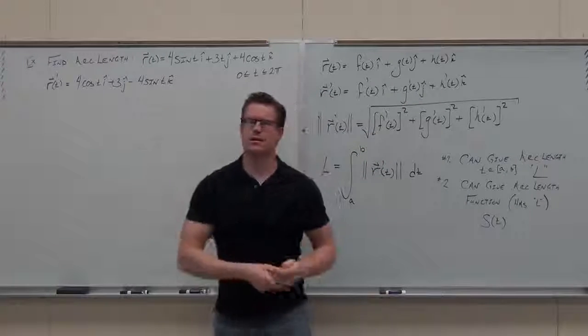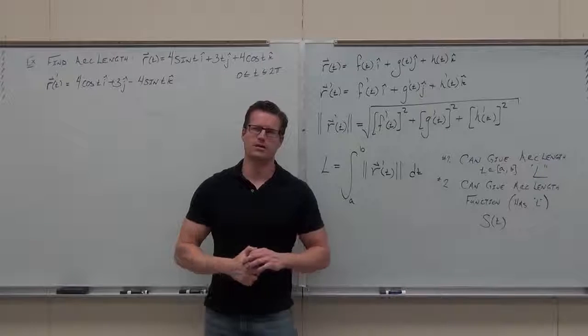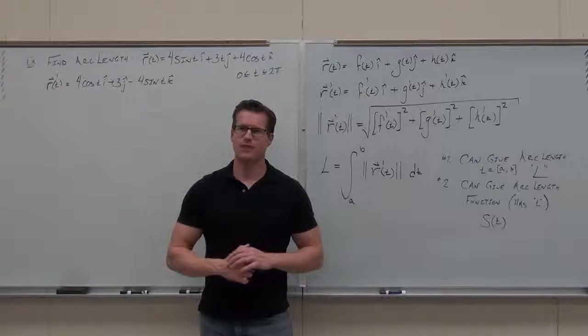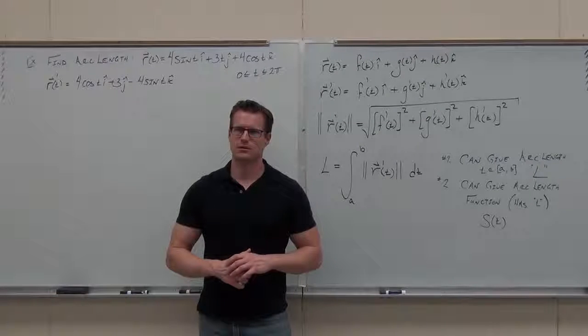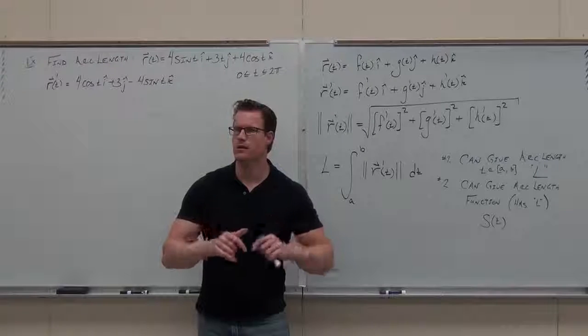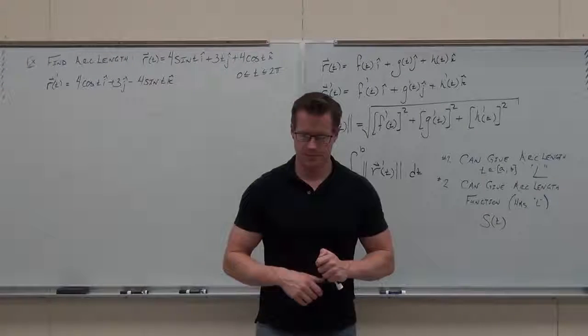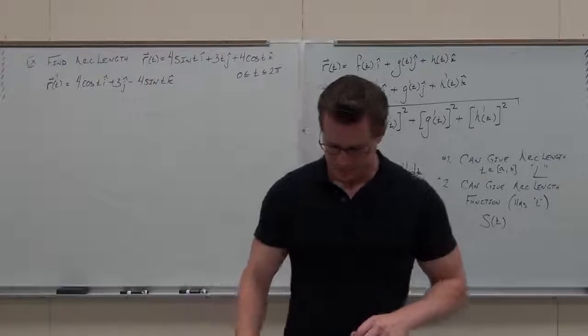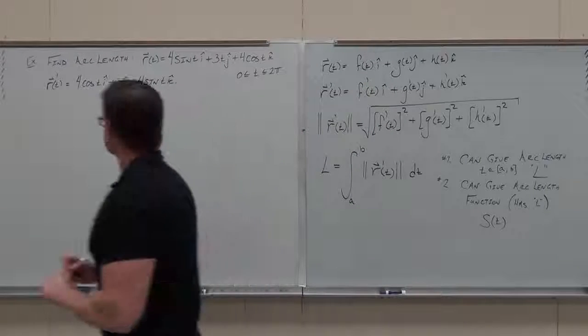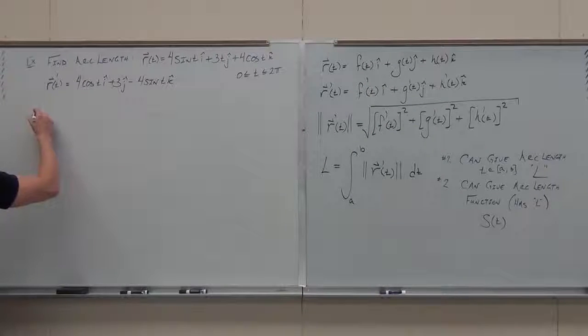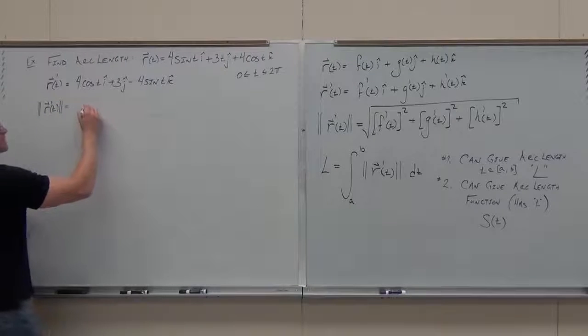What's the next thing that you would do to get our arc length? Magnitude. Can you find the magnitude right now? Go for it. At least set it up. So let's see.